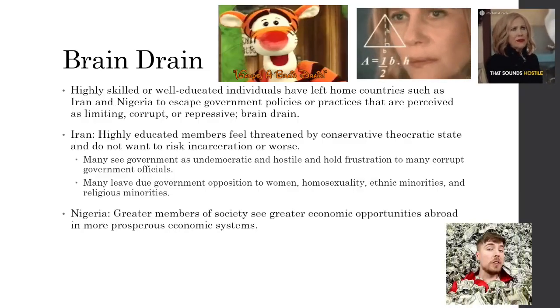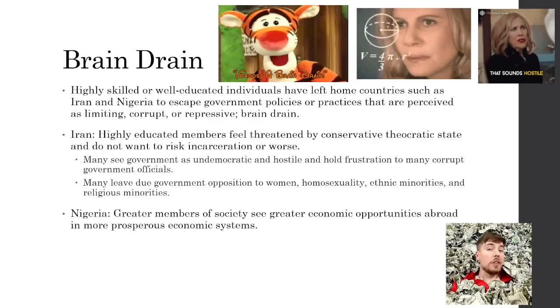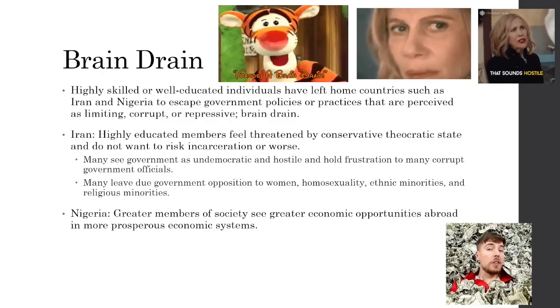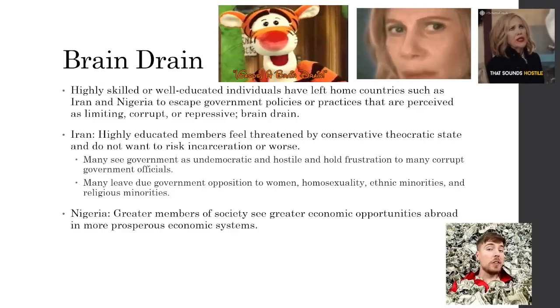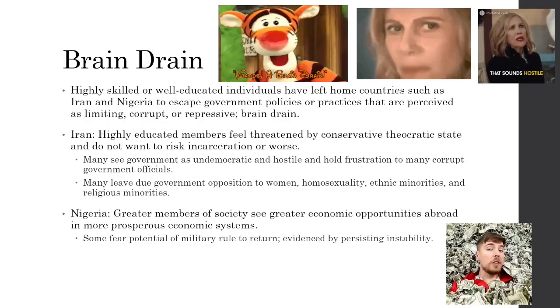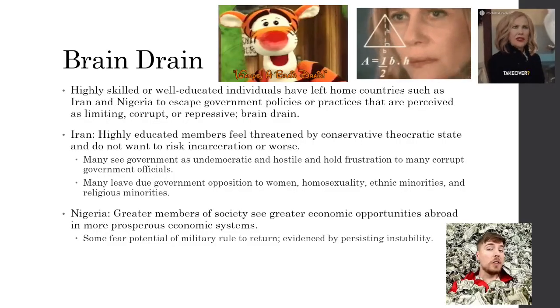In Nigeria, we're seeing greater members of society seek more and better economic opportunities abroad that are just more prosperous than those within Nigeria. The conditions aren't as great to promote their sustainable and well-off careers and experience. Some also fear the potential of military rule to return.